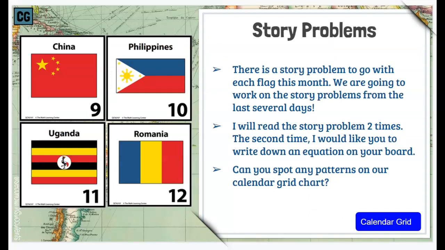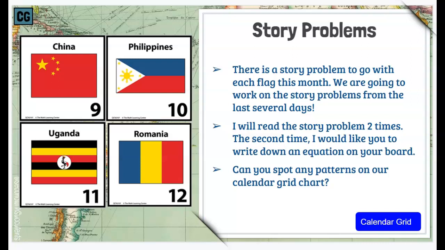Now remember, when we solve our story problems, there is a story problem to go with each flag of the month. We are going to work on the story problems just from the last several days. We'll be working on the problems from the 9th, 10th, 11th, and 12th day of February, looking at the flags from China, the Philippines, Uganda, and Romania.